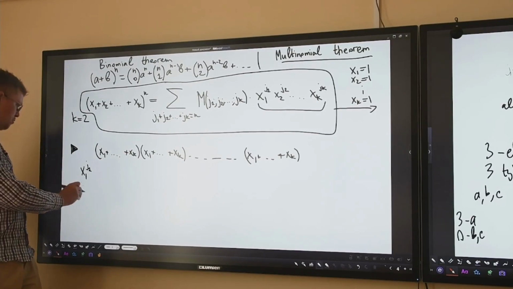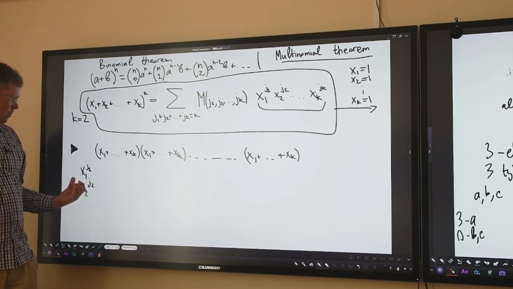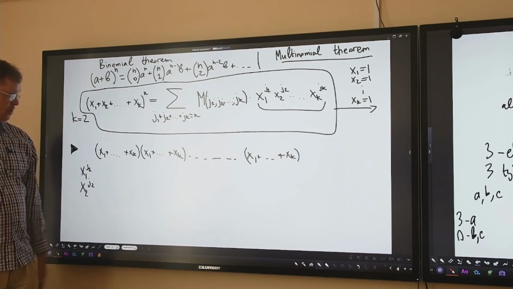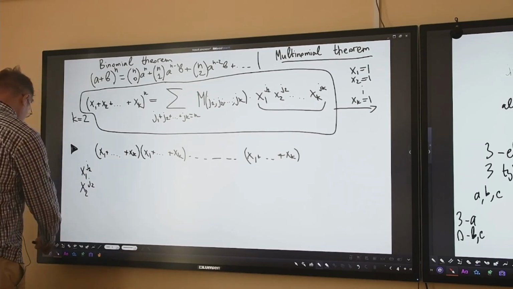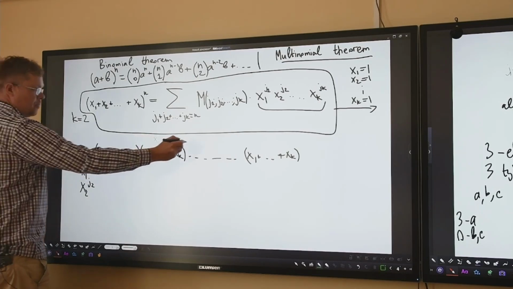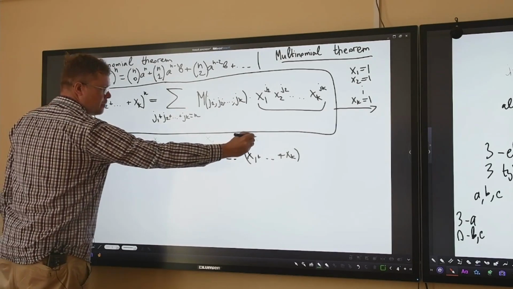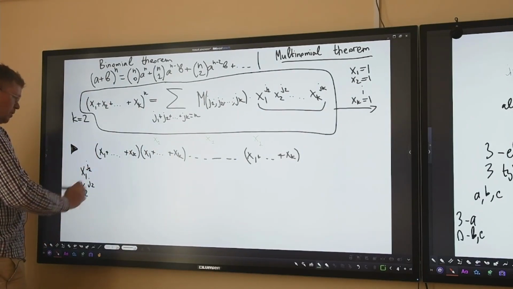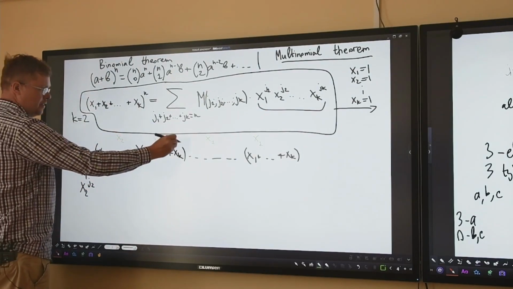And I need to choose j2 brackets from which I choose x2. So for example, I choose x1 from these brackets, choose x2 from these brackets, and so on.